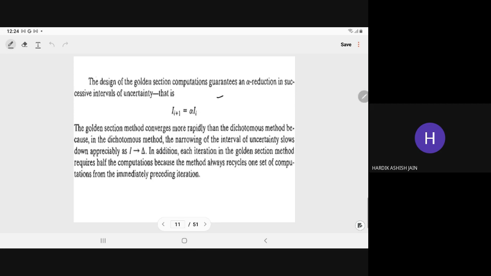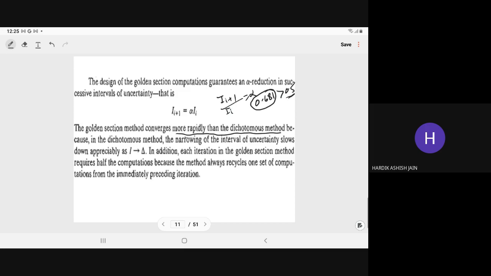That means the ratio of the interval length at step i+1 to step i is equal to alpha. This alpha is 0.681, which is greater than 0.5. In the dichotomous method we are just halving, right? So the golden section method converges faster, more rapidly than the dichotomous method.